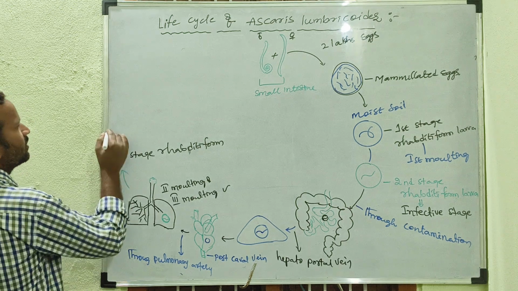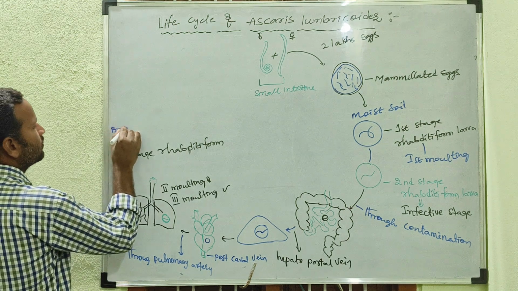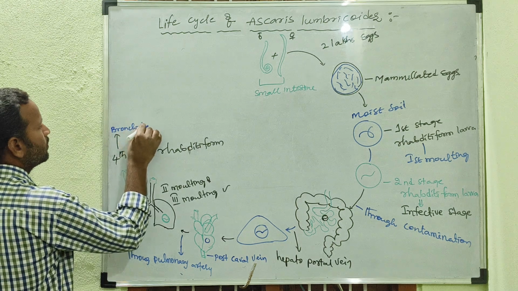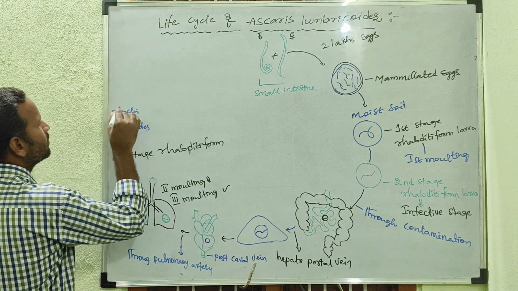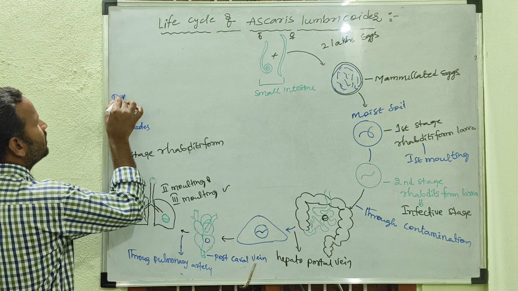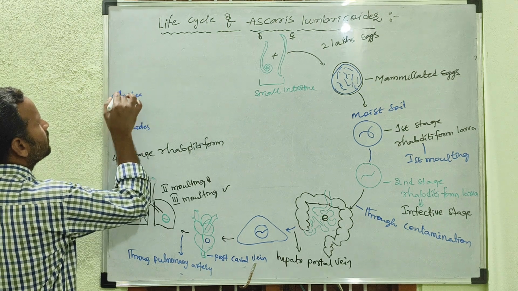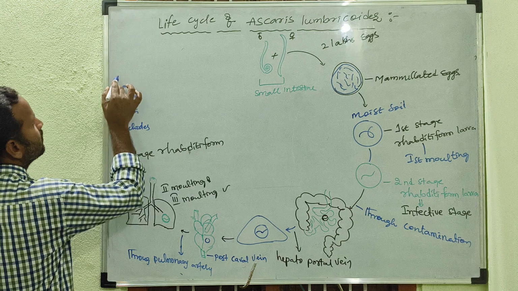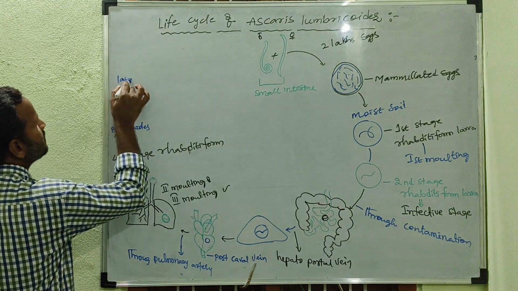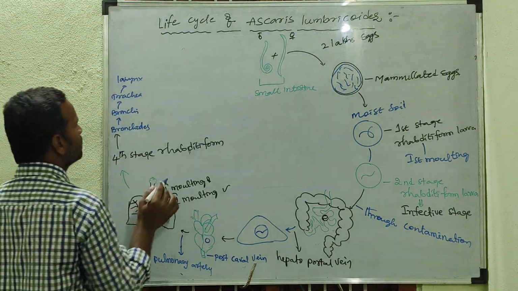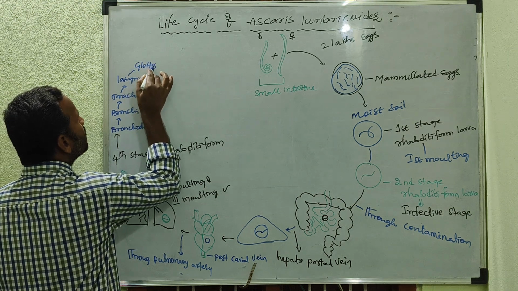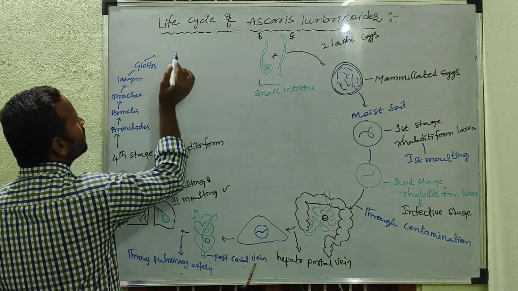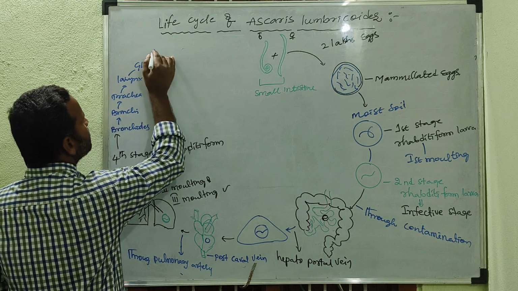Bronchioles, bronchi, trachea, then larynx, glottis. From there, pharynx.